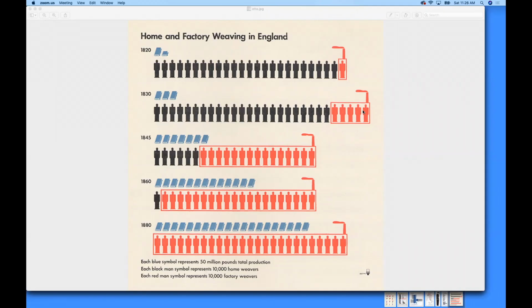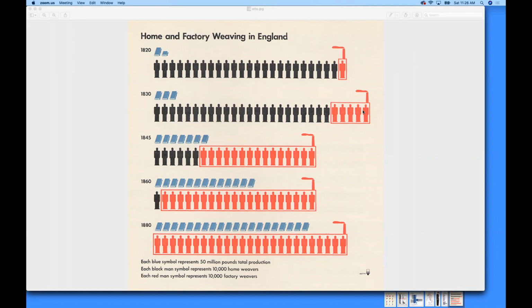Many academics disapprove. A favorite isotype of mine is this chart of home and factory weaving in England from Neurath's seminal 1939 book, Modern Man in the Making. It shows how weaving shifted from almost total home production in 1820 to 100% factory production 60 years later.